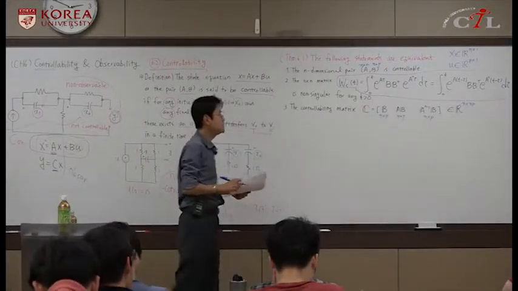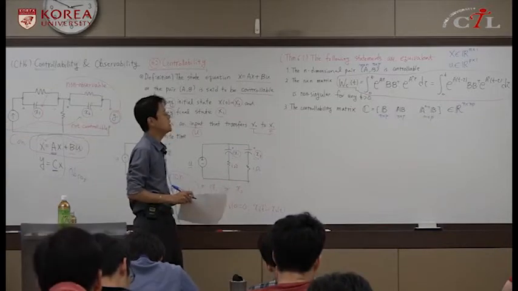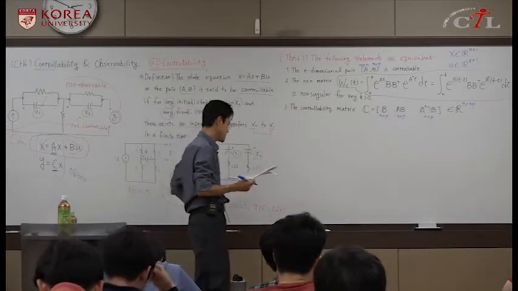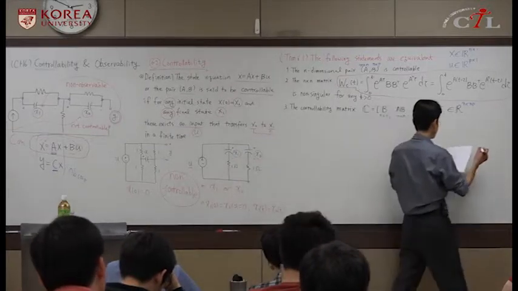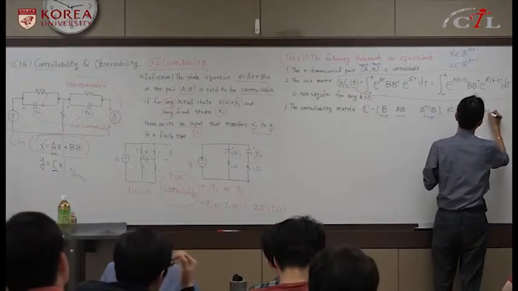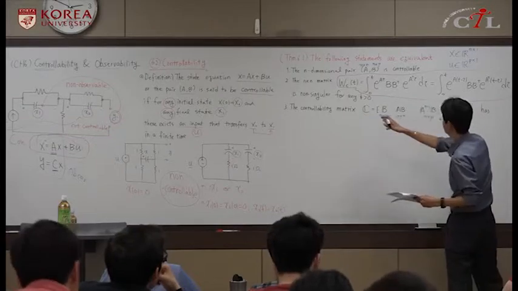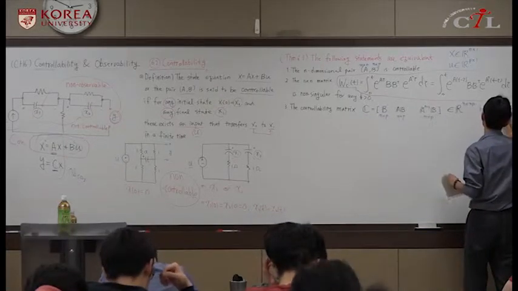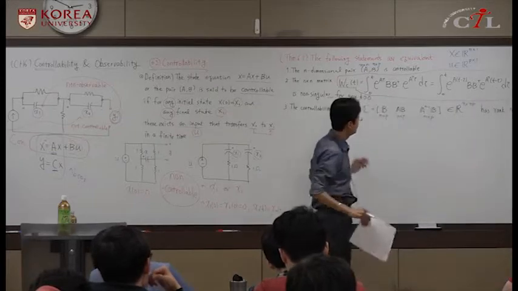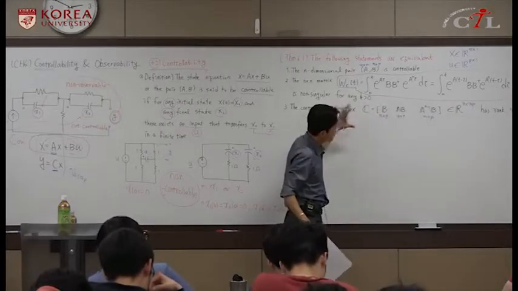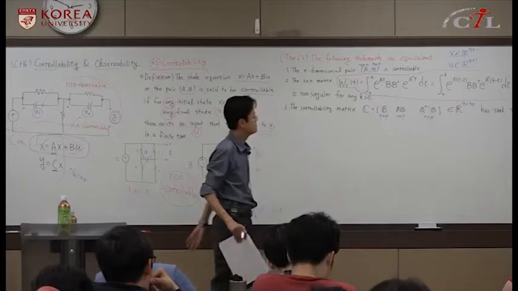The controllability matrix, of dimension n by np, is full rank, has rank n, which is full row rank. Every row is independent.